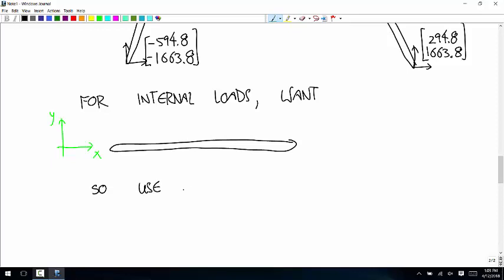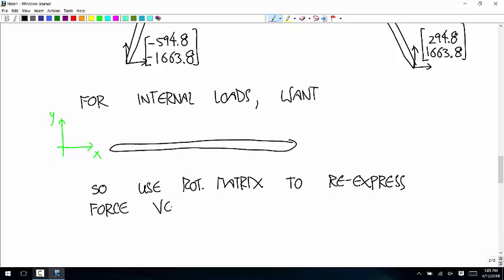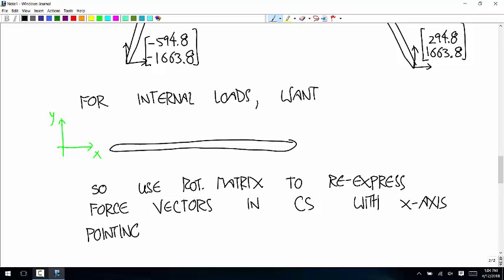So we're going to use a rotation matrix to re-express these force vectors in coordinate systems that have the x-axis pointing along the beams.